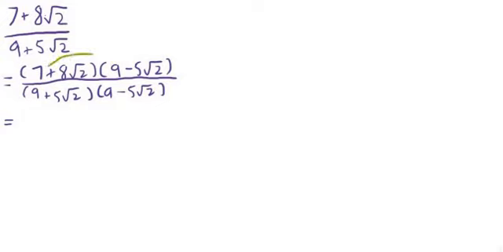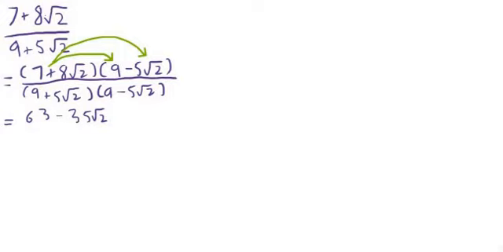7 times 9, 63. Then 7 times minus 5 root 2. That will be minus 35 root 2.